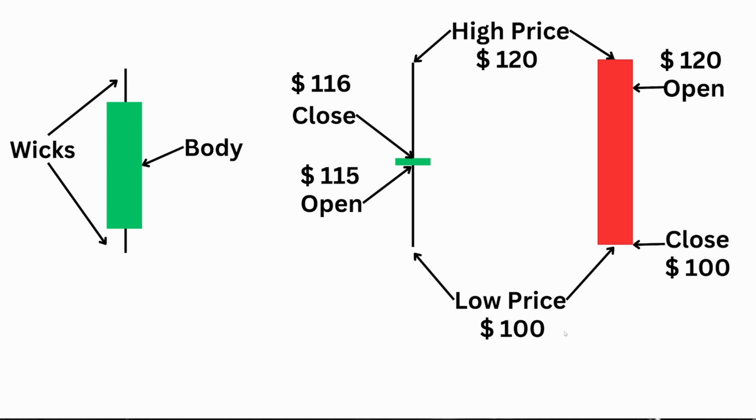So whenever the high price is equal to open and low price is equal to close, you will have a bearish candle which doesn't have a wick. And likewise, for the bullish candle, you will not have a wick if the low price is equal to open and the high price is equal to close, the opposite of the bearish candle. So those are the instances where you have candles without any wicks.